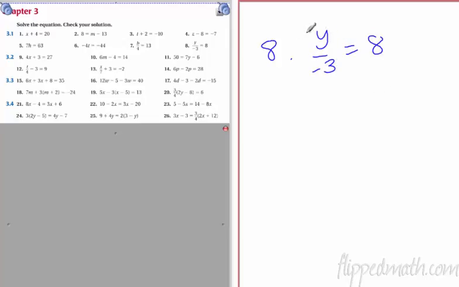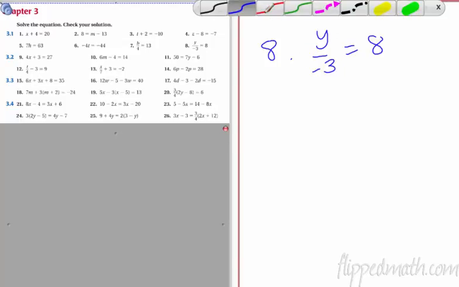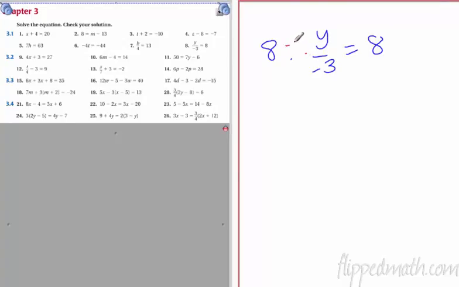You just have to use the opposite operation. Here, the opposite operation would be to multiply, because we have y divided by negative 3. So I'm going to multiply by negative 3, both sides. And if you remember, that cancels out, and we get y on the left equal to 24. And that's the end of that problem.